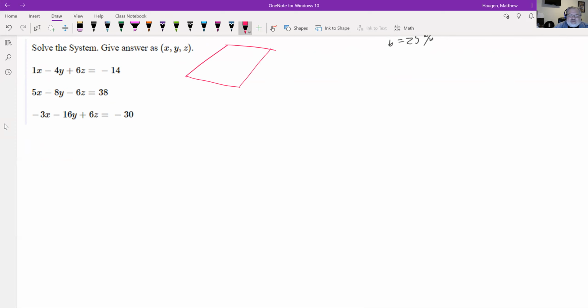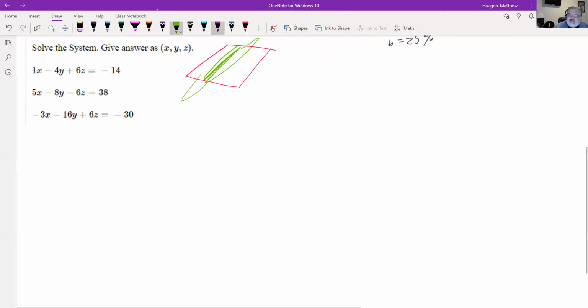So we'd have one plane, and then the second equation would be a different plane, and those 2 planes would intersect somewhere. So there'd be some line of intersection between those 2 planes.